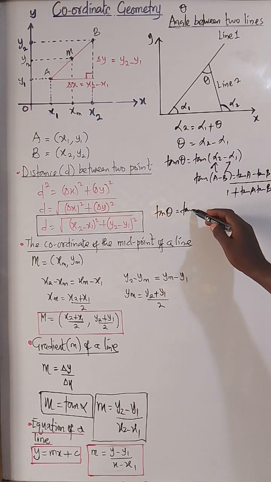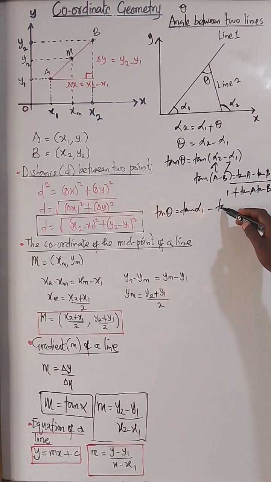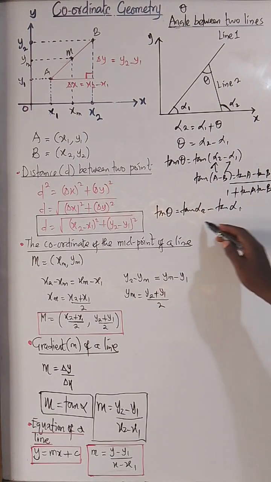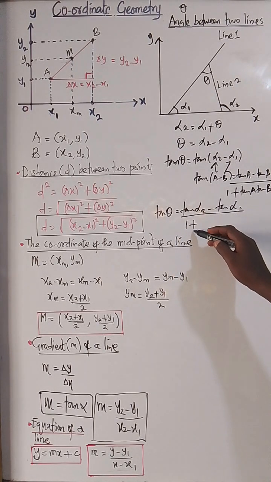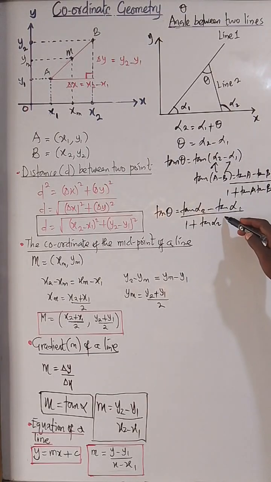Tan theta equals tan alpha 2 minus tan alpha 1, divided by 1 plus tan alpha 2 tan alpha 1.